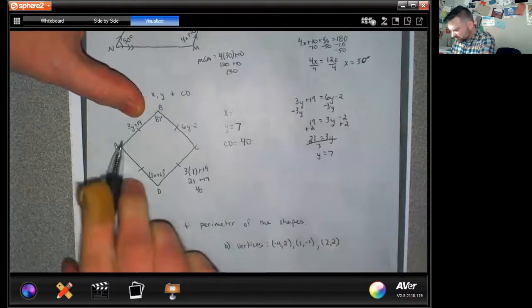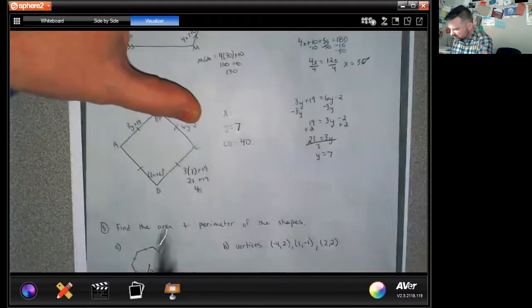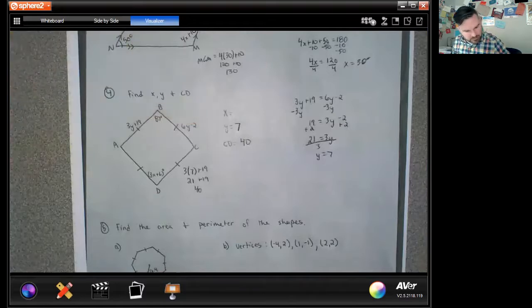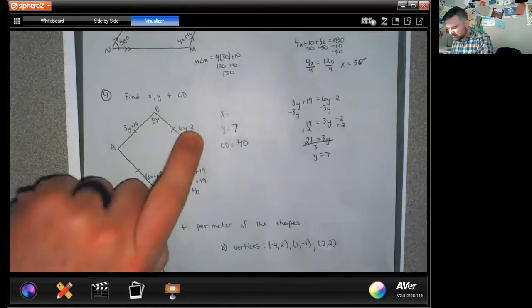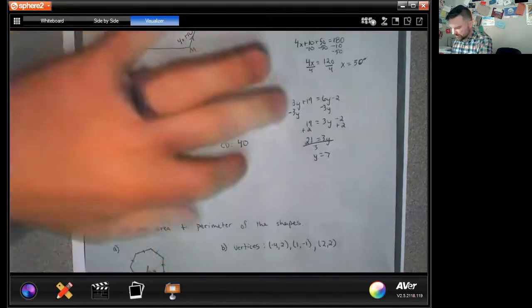Again, you could plug it in over here. 6 times 7 is 42, minus 2 is 40. So we got 40 again.